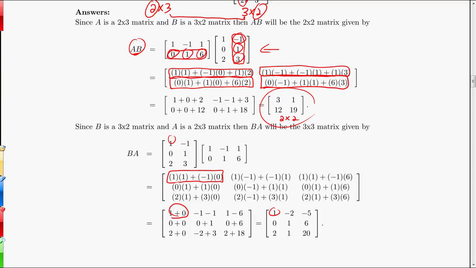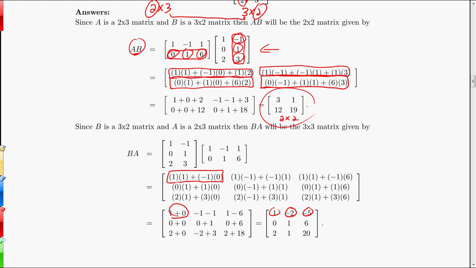And to get the first row, second column, that's 1 times negative 1 plus negative 1 times 1, which is negative 2. First row, third column is going to be 1 times 1 plus negative 1 times 6, which is negative 5.